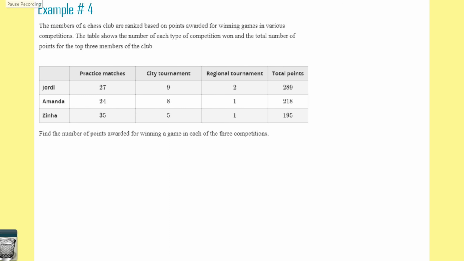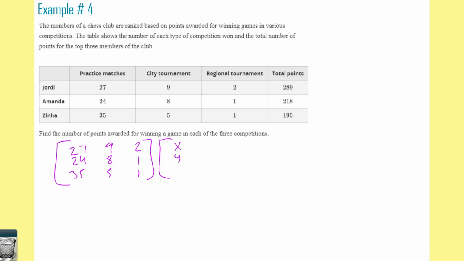Next one. So if we want to set this one up like we did the other point problem with the quiz scores, we're going to have 27, 24, 35, 9, 8, and 5, 2, 1, 1. Only problem is we don't know what these points are awarded.